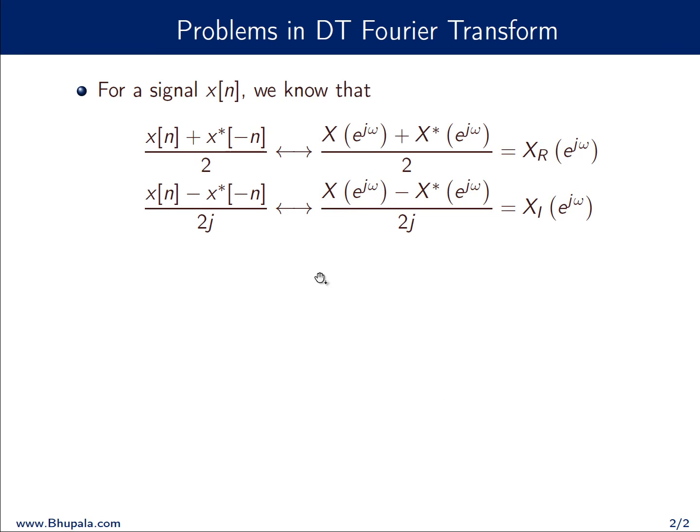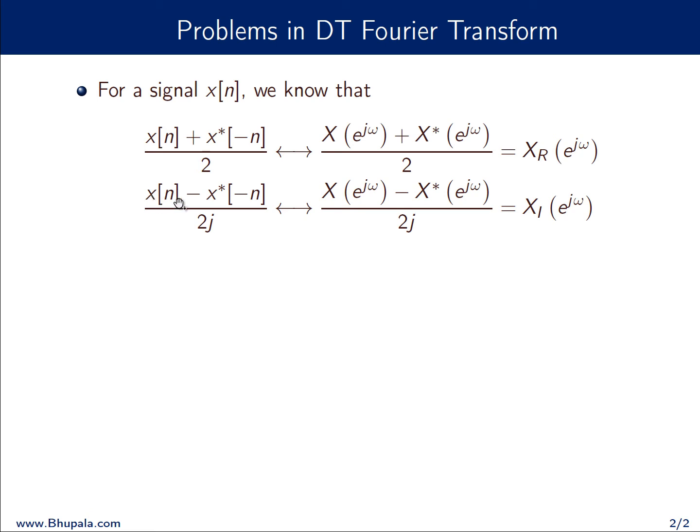Before we solve the problem, let us summarize what we already know. x of n plus x star of minus n by 2, from the previous property, will have X of e power j omega plus X star of e power j omega by 2. Note that this looks like z plus z star by 2, where z is the DTFT X of e power j omega, so clearly it is nothing but the real part of the Fourier transform.